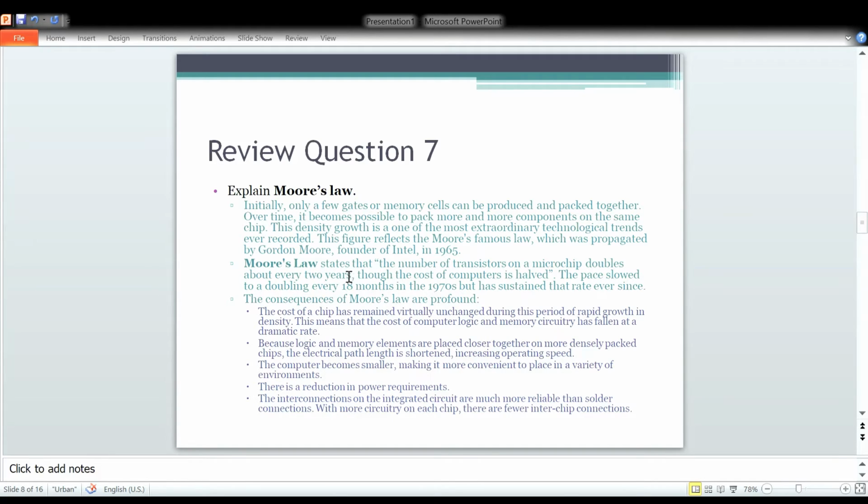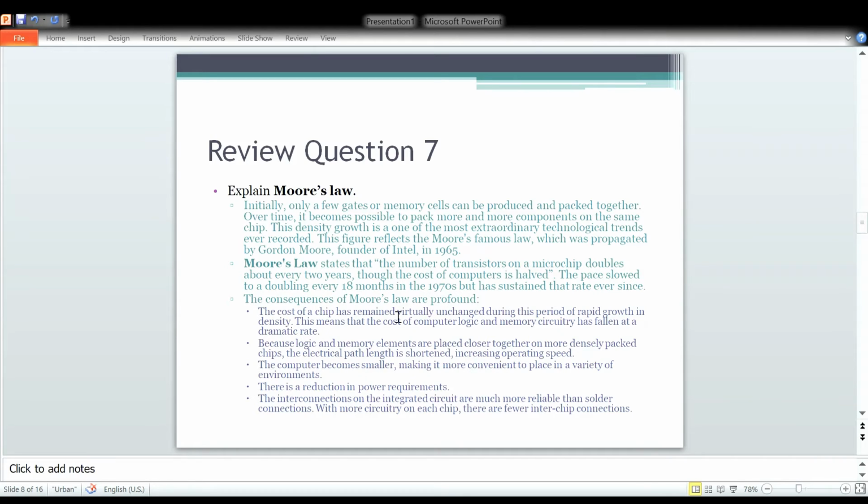Moore's law stated that the number of transistors on a microchip doubled about every 2 years, while the cost of computers is halved. The pace slowed to a doubling every 18 months in the 1970s, but has sustained that rate ever since. The consequences of Moore's law are profound.